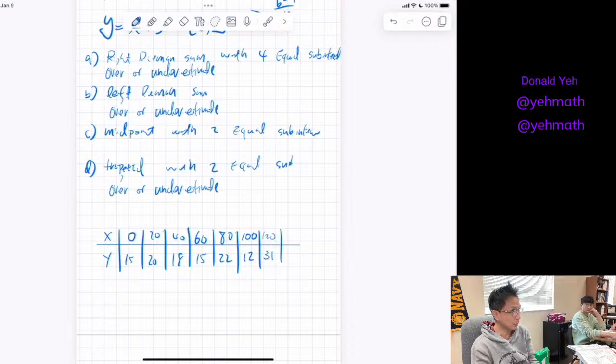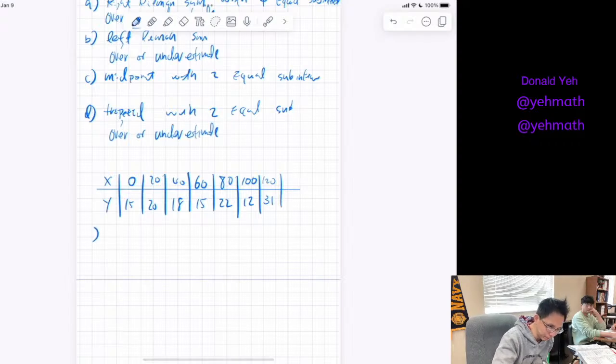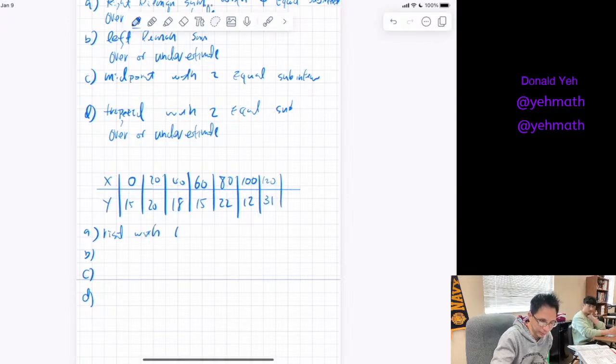I can use 3 midpoints. So I can ask you what? I'm going to shorthand this, okay? You guys are going to figure it out. A, B, C, D, I can say right with how many intervals? 6. Left with 3. Now, that's kind of tricky.